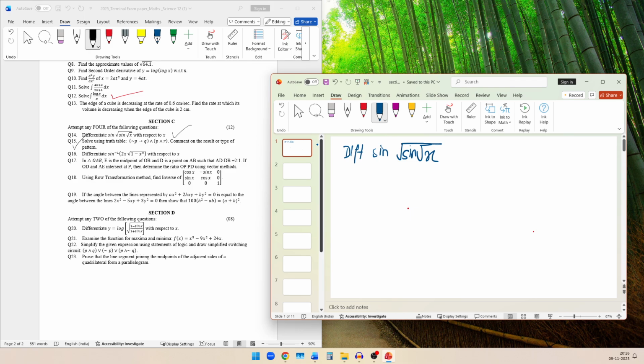So let us say, let me write this as y is equal to sine of root of x. Now you're going to put this root of x as theta 1. If you substitute it as theta 1, you will get y is equal to sine theta 1.